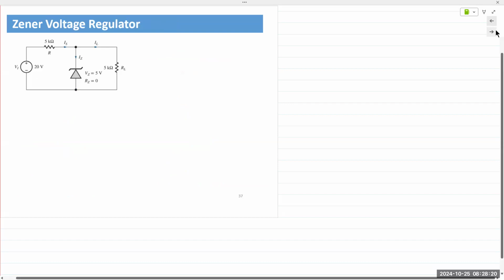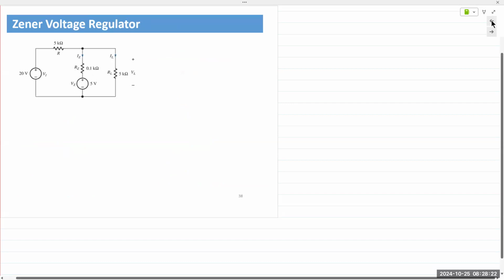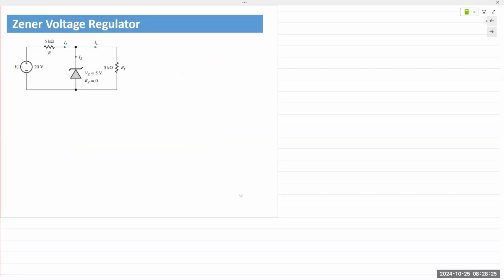Then let's apply the Zener diode for its main purpose, which is using it as a voltage regulator. Voltage regulation simply means you're regulating the incoming voltage and providing a constant voltage at the output.